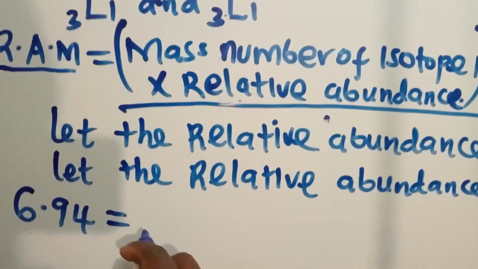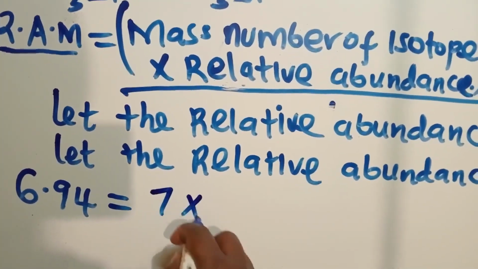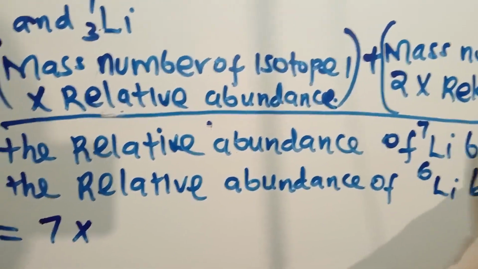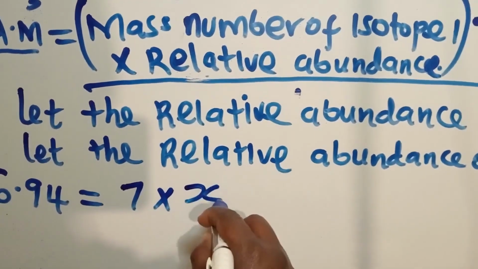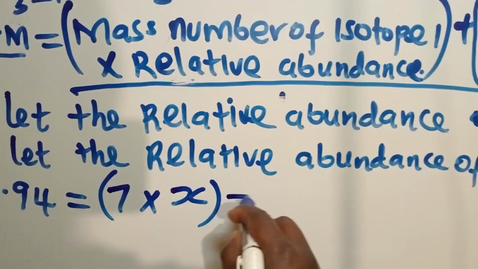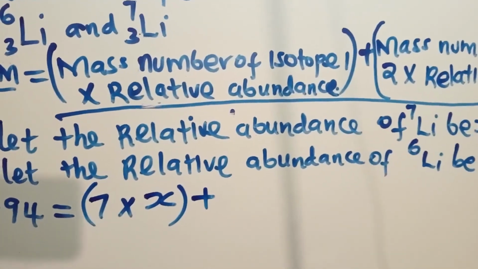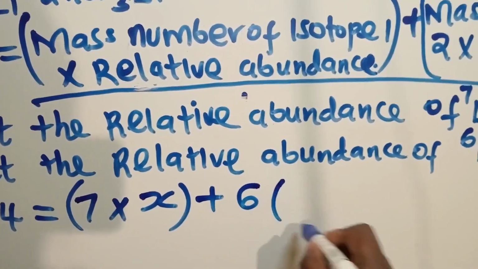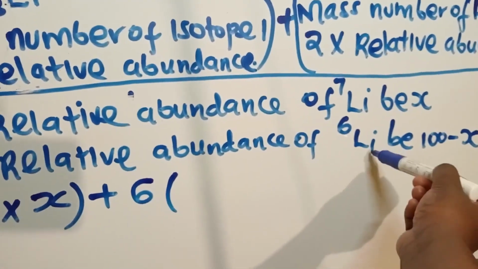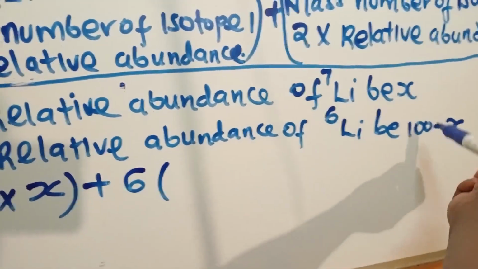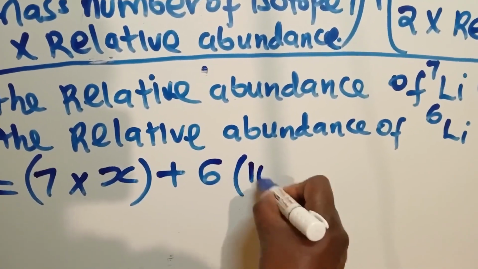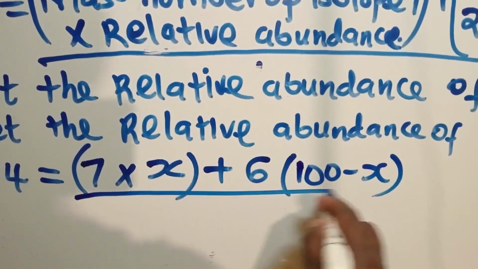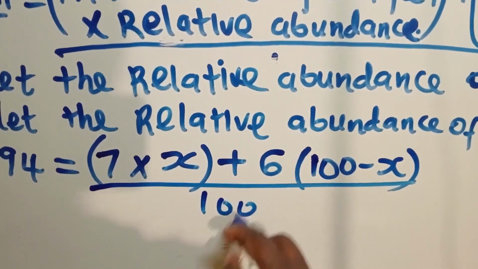So we say mass number is 7 multiplied by the relative abundance of lithium-7, which should be X. So multiplied by X. Then we put all of them into bracket plus, we got to mass number of isotope 2, which is 6, multiplied by the relative abundance of lithium-6, 100 minus X. Then all of them together, we divide by 100.